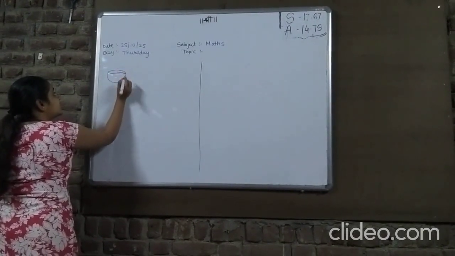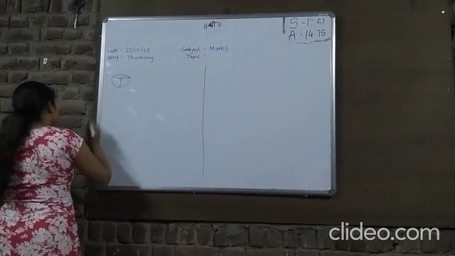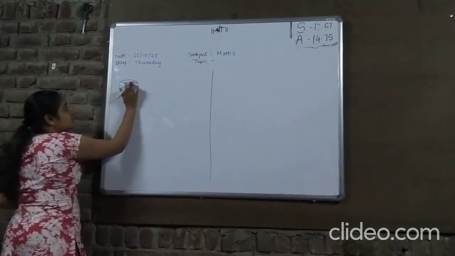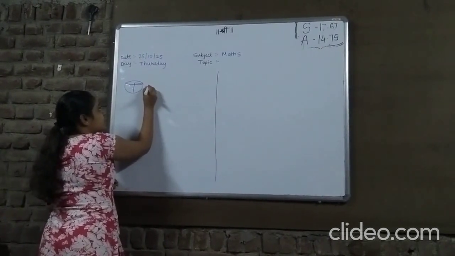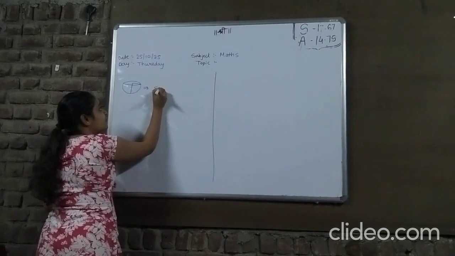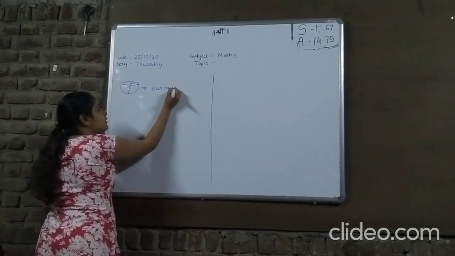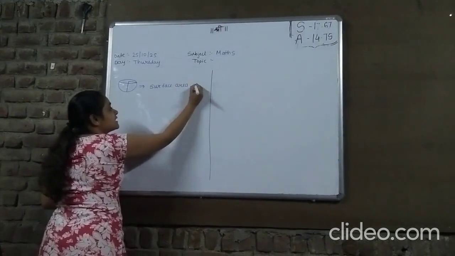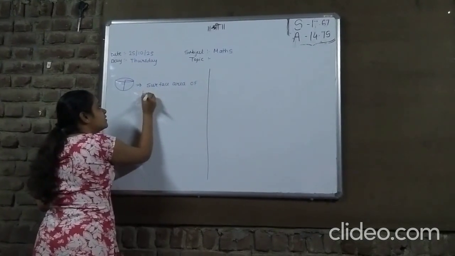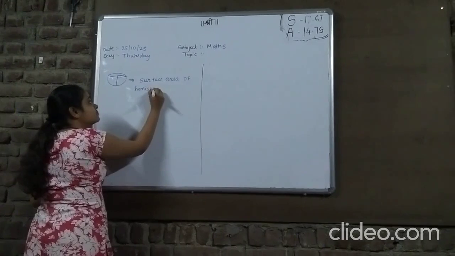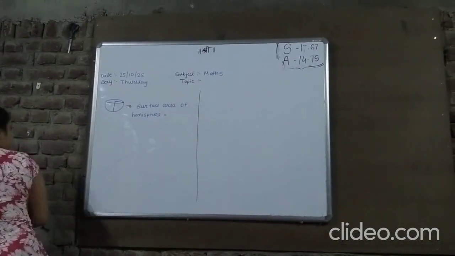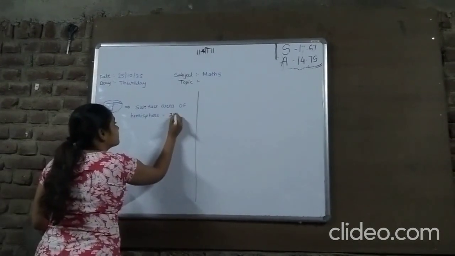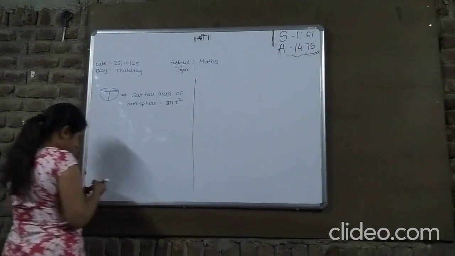It also has a radius, and these both lengths are equal. It also has surface area. What is the surface area of a hemisphere? 3 pi r square. Yes, very good.